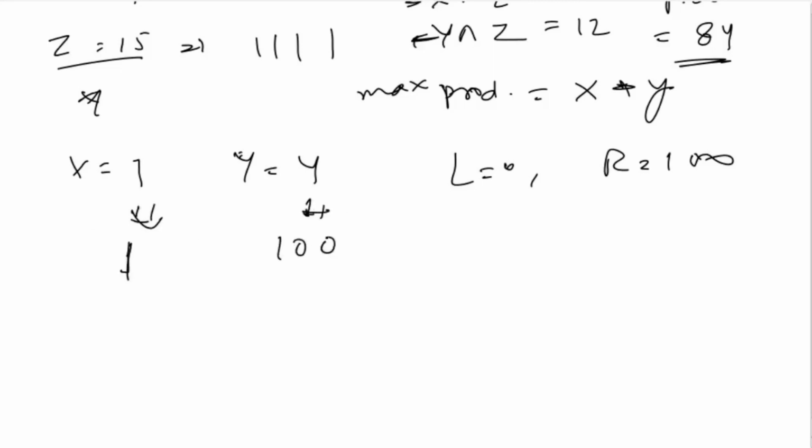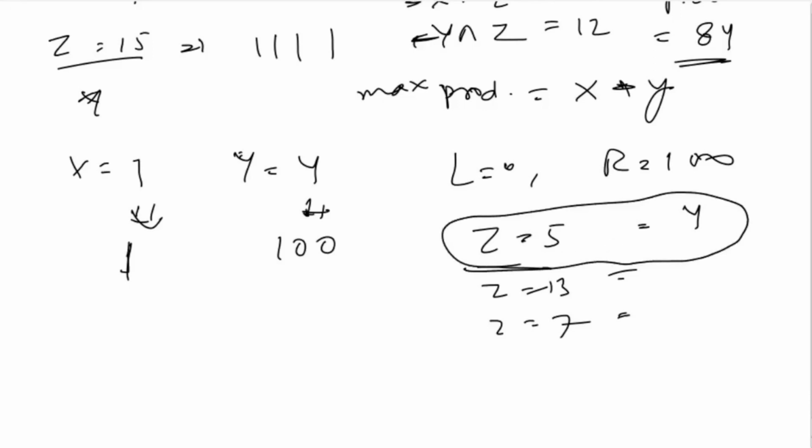If you choose z equal to 5, then 1 AND 5 is 1, 4 AND 5 is 4, so the product is 4, and this is the maximum product we can get. Similarly, you can choose z equal to 13, or z equal to 7. So we can choose multiple z, but we have to take the minimum of all of them, which is z equal to 5. So this is our answer.